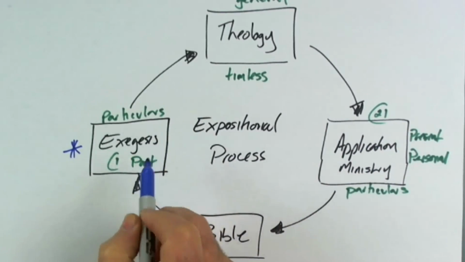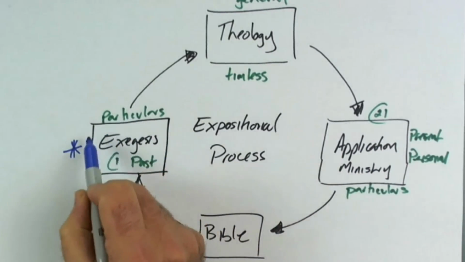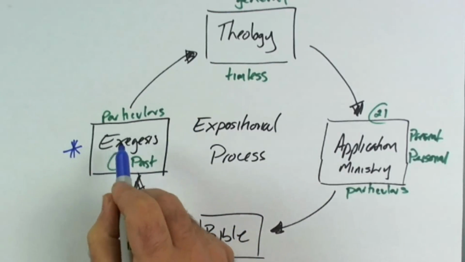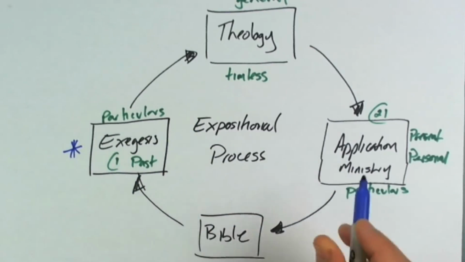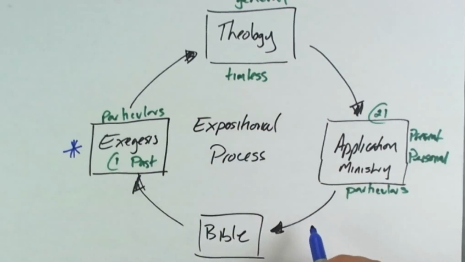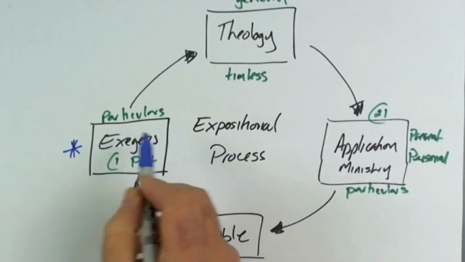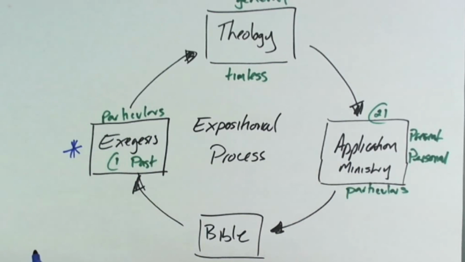So the statements should be past tense, they should have particulars from the 1st century culture in them, and no personal pronouns. So that's the expositional process. And that's kind of the journey that we're starting on with these subject complements. We're doing the first step, the exegesis of the text, trying to work out what was the original meaning to the first readers of a particular text.